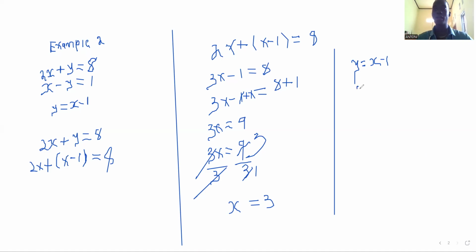Now, y is equal to, what is the value of x, 3. So here will be 3 because the value of x is already given, which is 3.